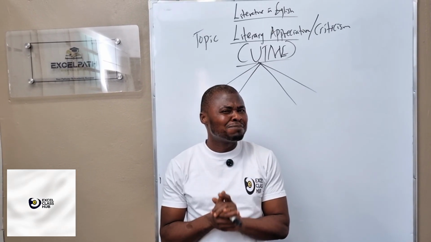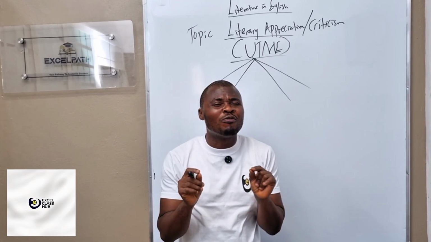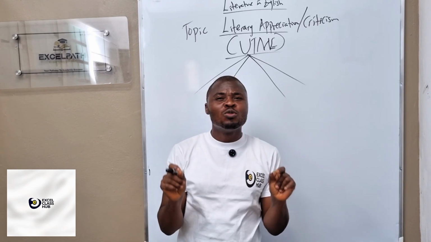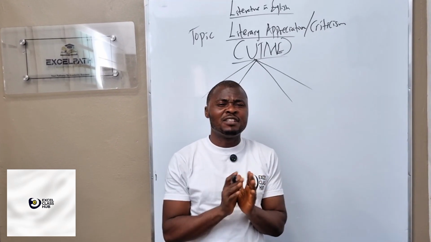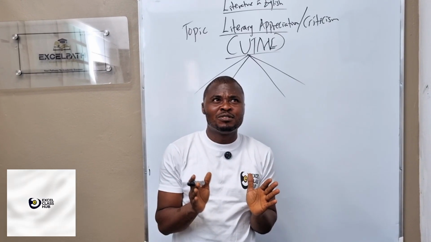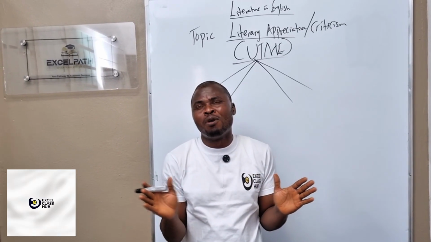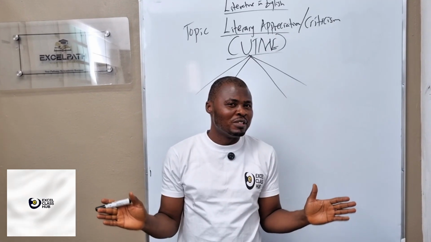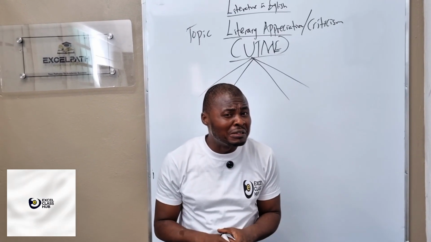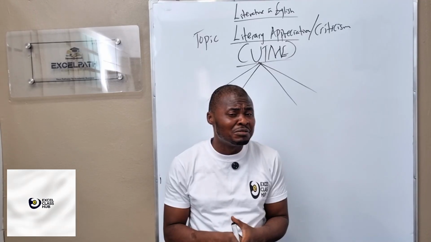So as a literature student, please suspend that type of criticism you normally do. When you see a literary work, you tell yourself, no, I don't like this work. It's not interesting. It's boring. Like many students will say they don't like Antony and Cleopatra by William Shakespeare. That is not literary criticism. You are not doing it the right way.